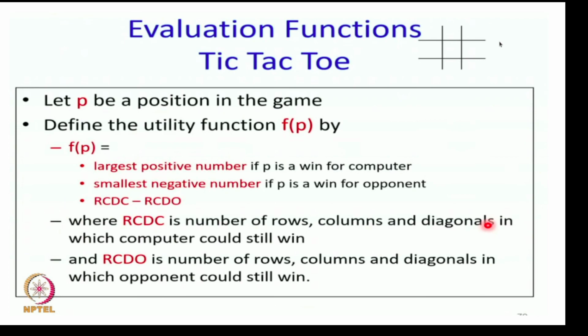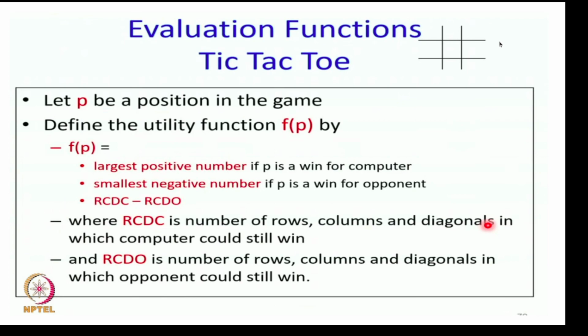If I have to decide the utility function of cross, I'll see the situation and say, from this scenario, how many terminal states it can reach with cross winning. Means how many times cross will be in a diagonal, horizontal, or vertical, like that. I'll count, let's say 4, and I'll also count for the opponent O, and it is, let's say, 2. So I can say the utility function of this state is 4 minus 2, which is 2.